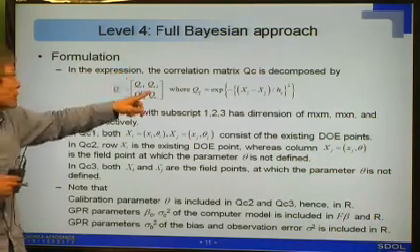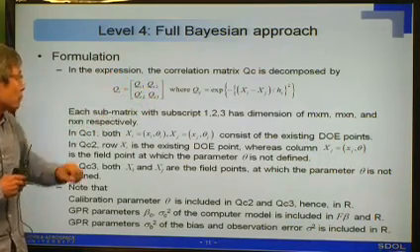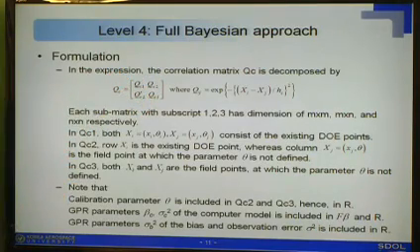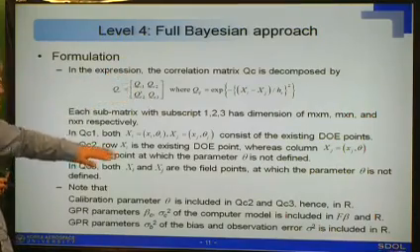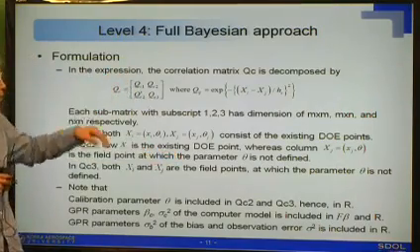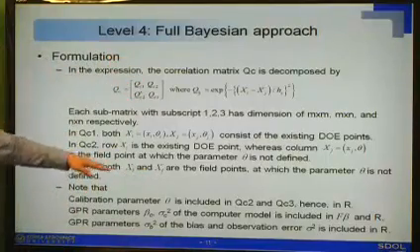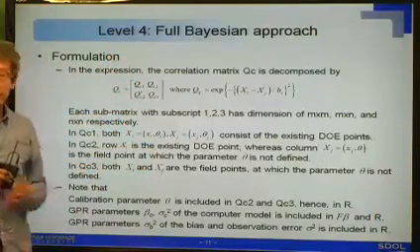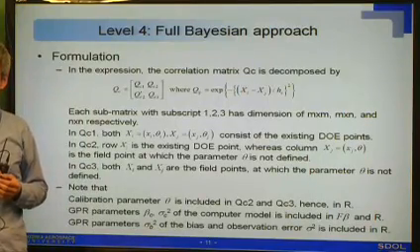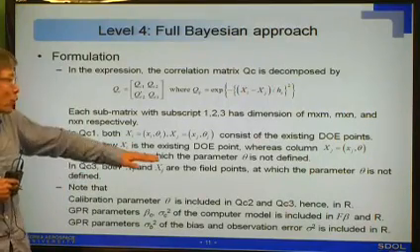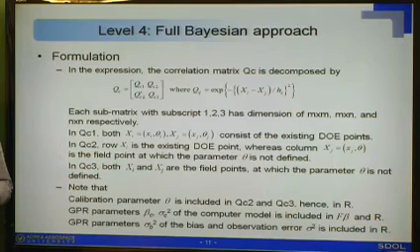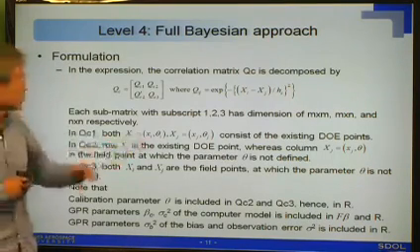So in this case, we need to evaluate this part like this. The row part is the existing computer experimental data points. The column part is the field point. In the field point, we don't have any theta value there. We only have the original x value.